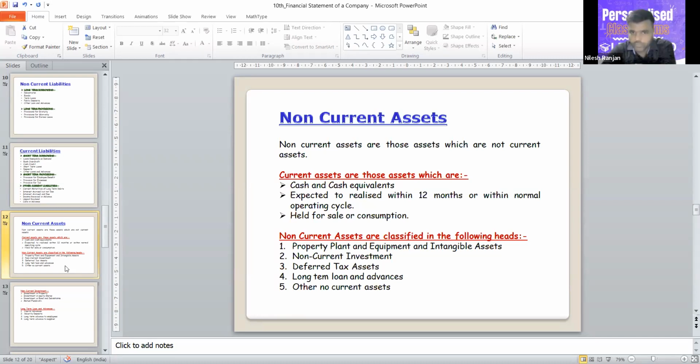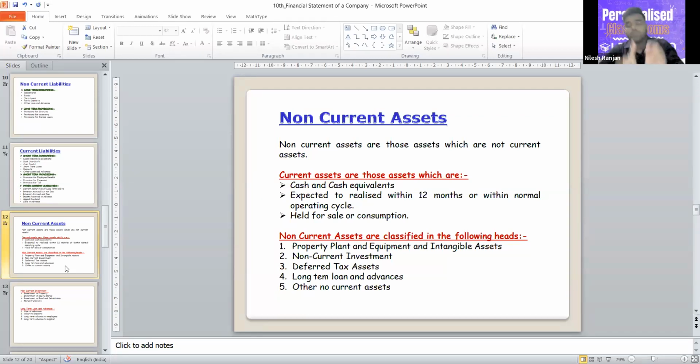And the third is held for sale or consumption, also within 12 months or within the normal operating cycle, meaning we are keeping this item for selling purpose or for consumption in business within a short period of time. So these are our current assets.